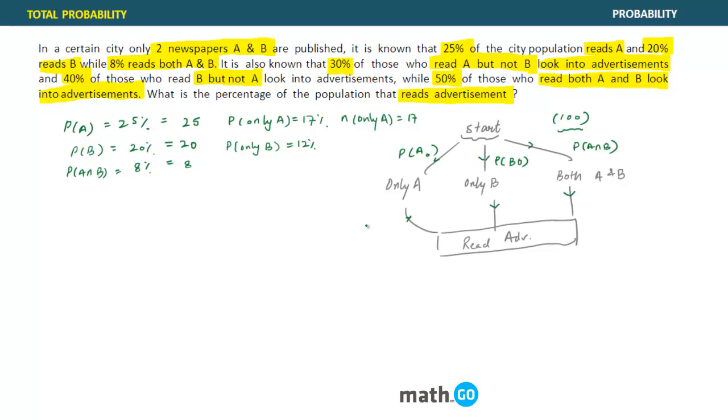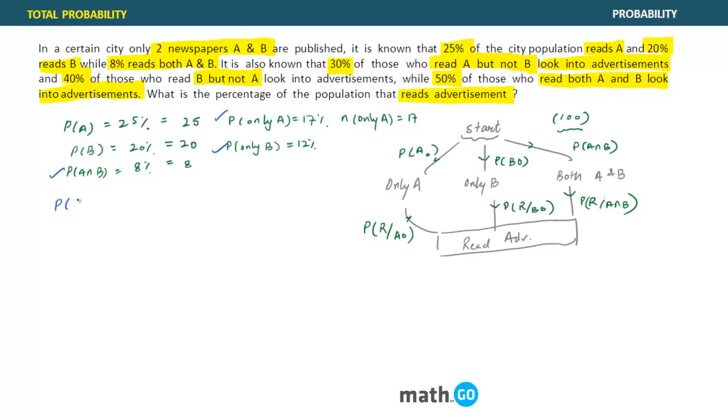Now you need to find the probability that people read the advertisement when AO is there, when BO is there, and when both newspapers are being read. This is what you need to target. So this is PAO, this is PBO, and this is P(A intersection B).